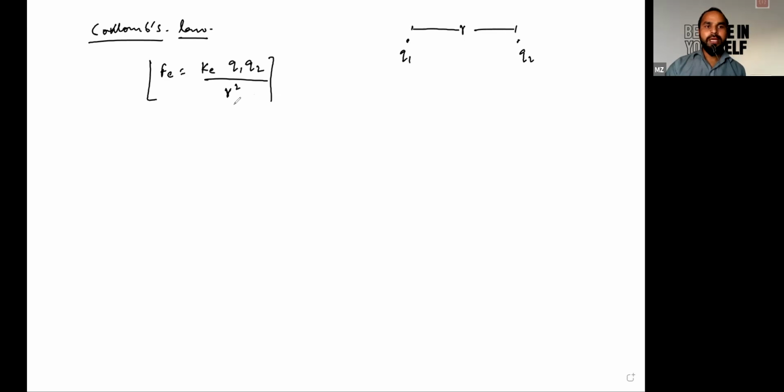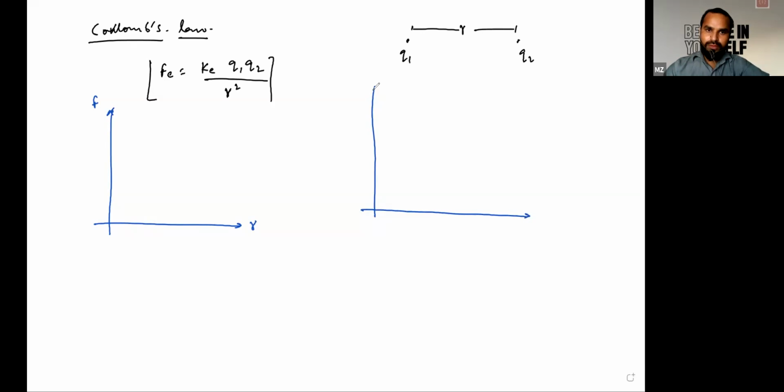Now from this, if I ask you to draw the graph between this force and the separation between these two charges, you would have two different cases. First, to draw force versus separation, and next, to draw force versus 1 over r square.